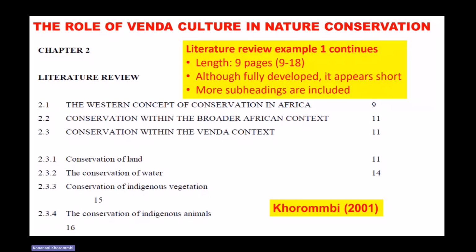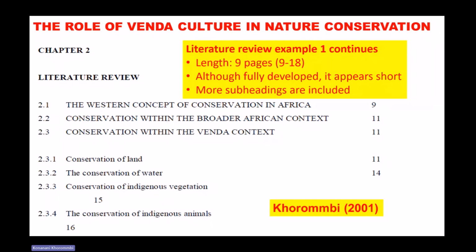This is the reason why 2.1 is entitled Western Concept of Conservation in Africa. With this one, I described how we in South Africa have protected areas and legislation based on the Western, conventional type of approach to nature conservation and environmental management.